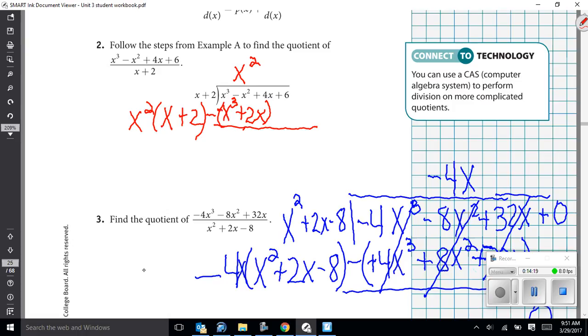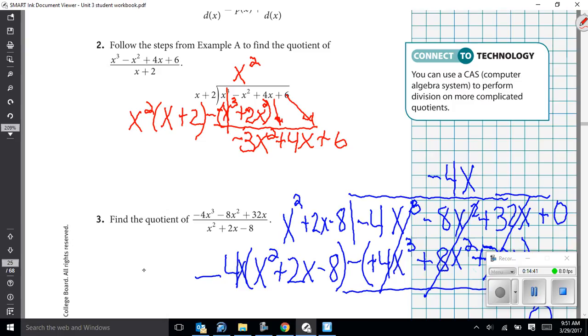So distributing our negative, x cubed minus x cubed, negative x squared minus 2x squared. And then bringing down our 4x and our 6.